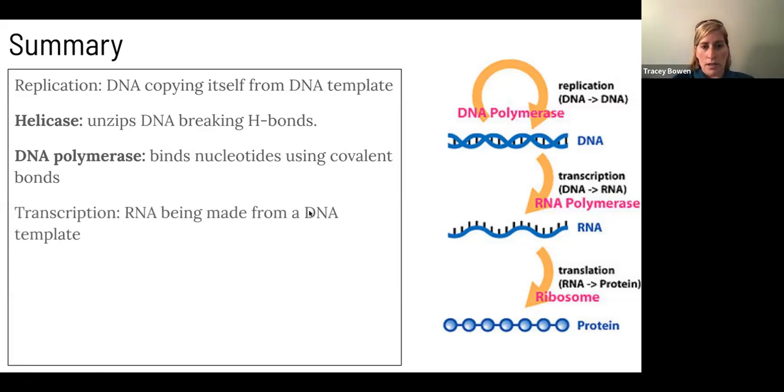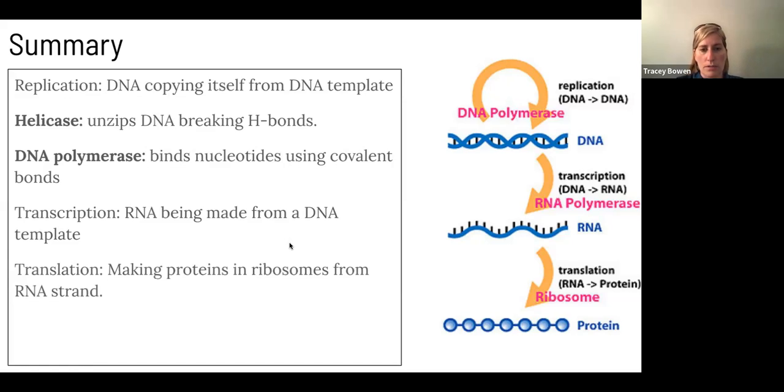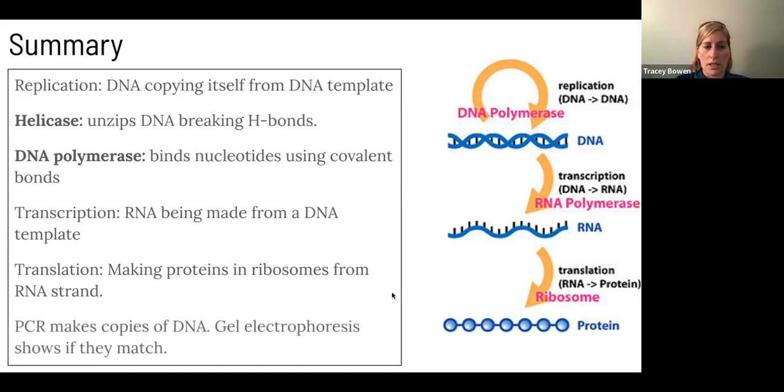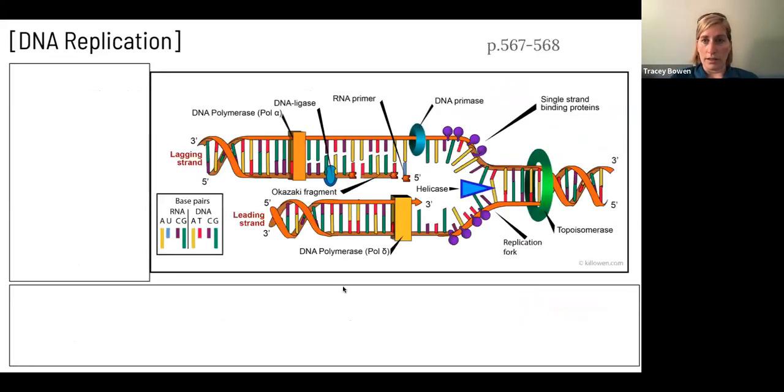Transcription is RNA being made from DNA templates, which we're going to look at in a further video. And then translation is making proteins in ribosomes from an RNA strand. But this video was looking at replication, DNA copying itself. PCR makes copies of DNA, and then gel electrophoresis separates the strands to see if we can find a match with an individual. So for SL, you can stop there.